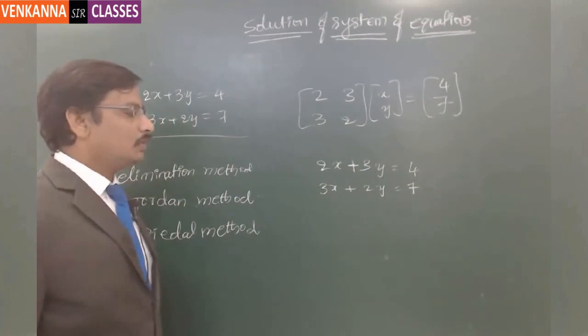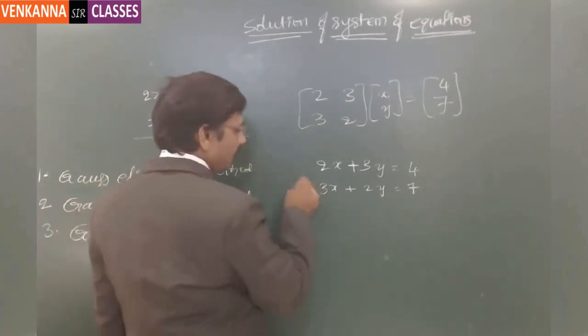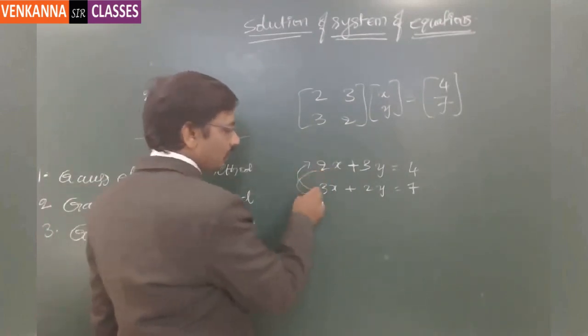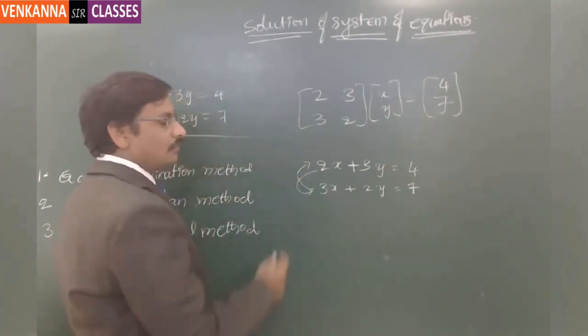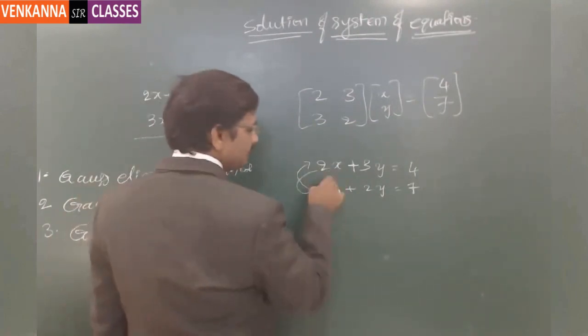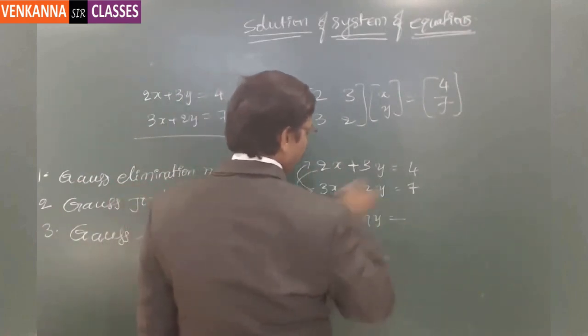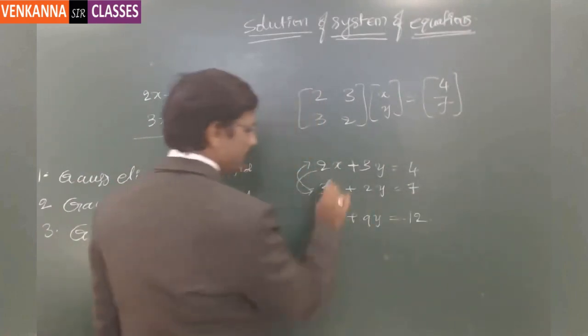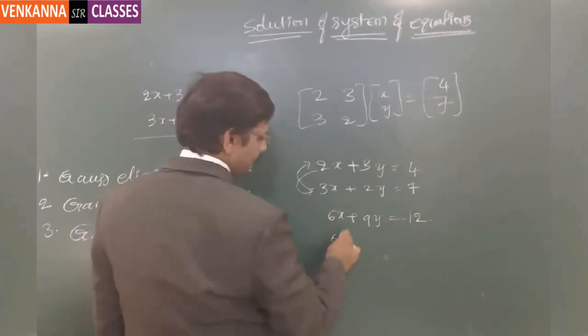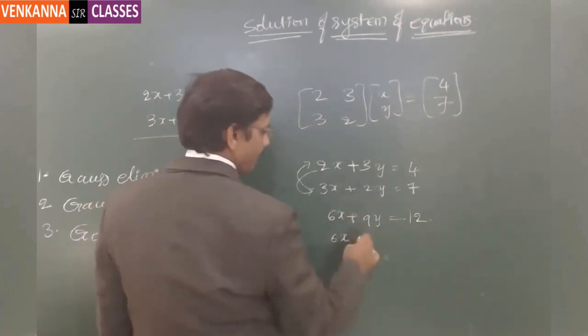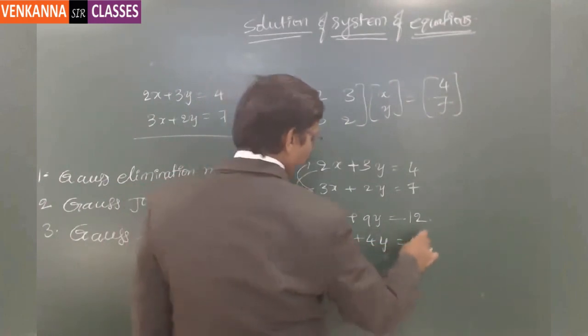For that, I will multiply the first equation by 3 and the second by 2, and form different equations: 3 into 2 is 6x plus 9y equal to 12, and 6x plus 4y equal to 14.